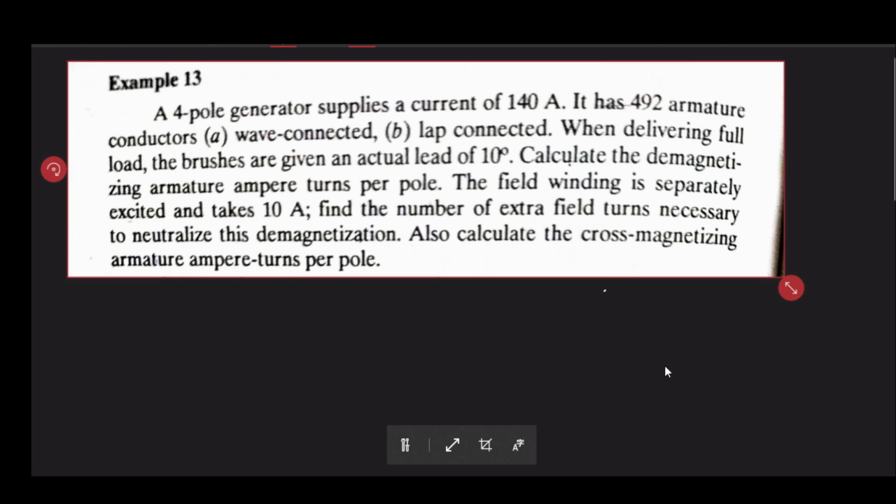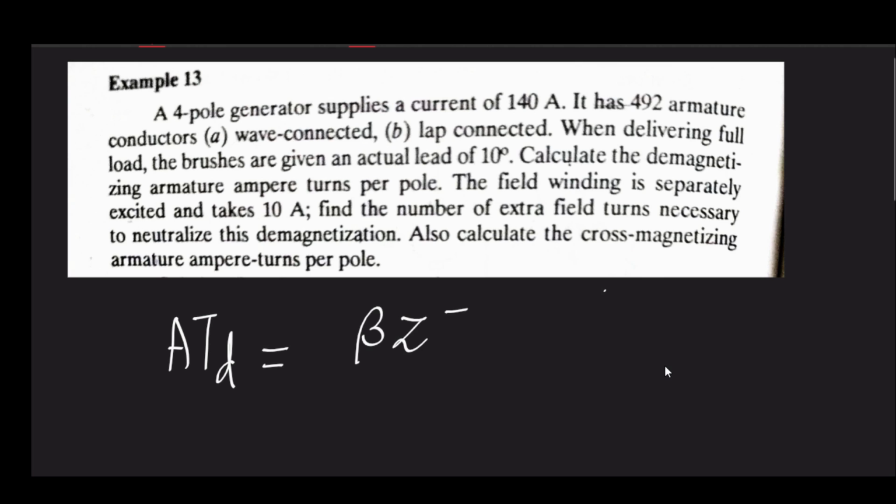So first, wave connected. For wave connected, you have to find out the demagnetizing armature ampere turns. What is that? ATd is equal to what? That is beta Z IA by 360A, where A is the number of parallel paths, where wave and lap do matter. Similarly, ATc will be how much?